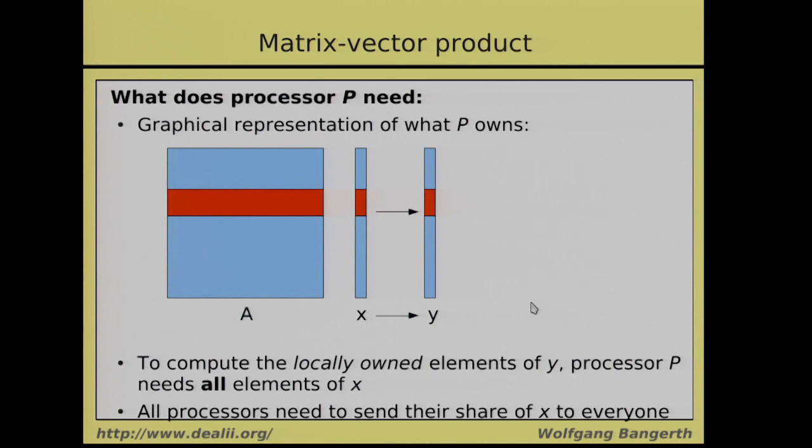So in order to compute a matrix vector product, in essence, we need to get the whole vector x, or in other words, every processor needs to send their share of the vector to everyone else because everyone else needs it, okay? So that's going to be a lot of communication, and in particular, it's essentially an all-to-all communication. Everybody sends data to everybody else.